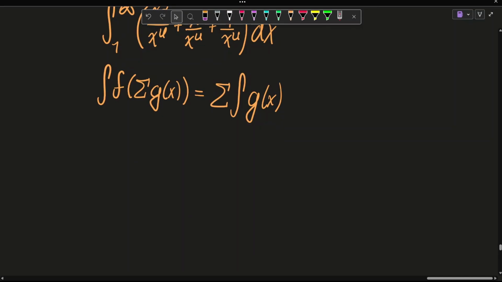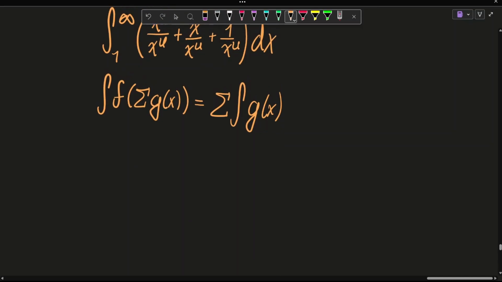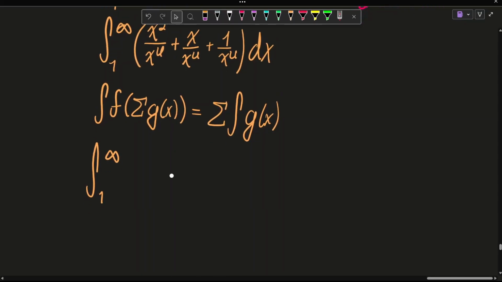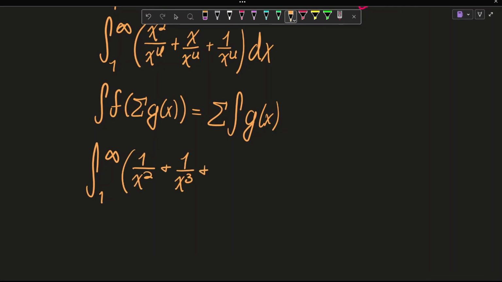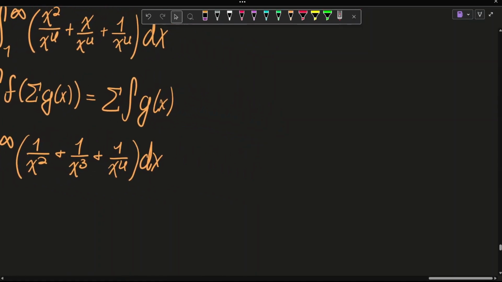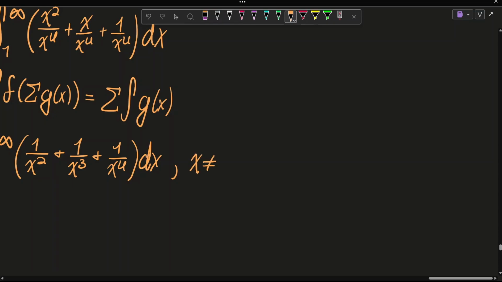So you'd get here that this is the integral from 1 to infinity of 1 over x squared plus 1 over x cubed plus 1 over x to the 4 dx. Now we can also say that x cannot equal 0.